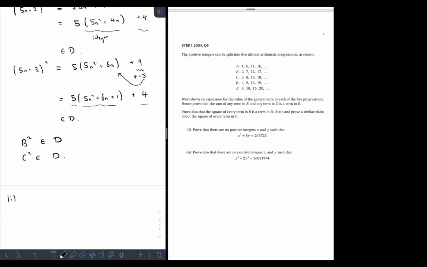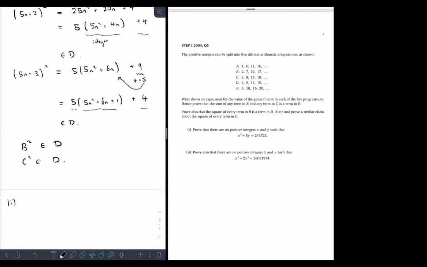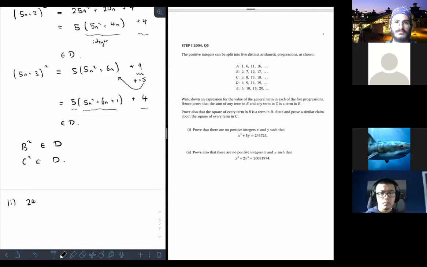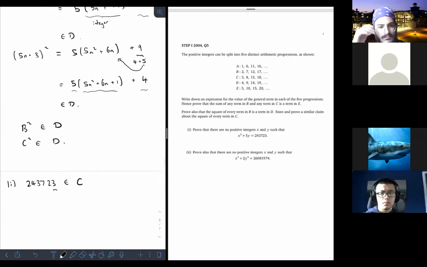But since we're looking at the sequences A, B, C, D, and E, we know that 243,723 is in C because of this plus 3 at the end. It's of the form 5 times something plus 3. We also know that 5y is in E because it's 5 times something.